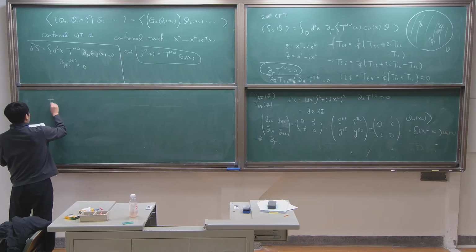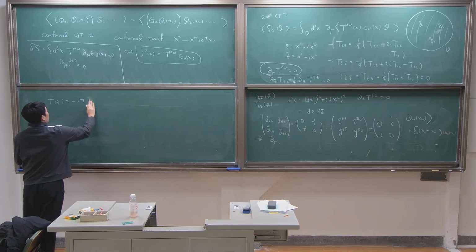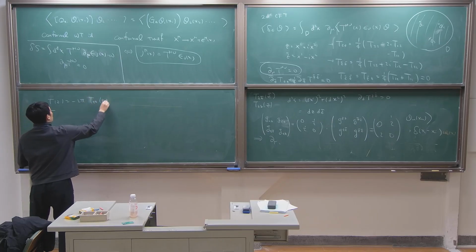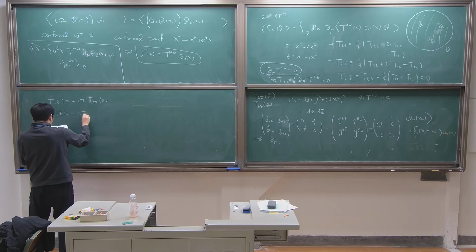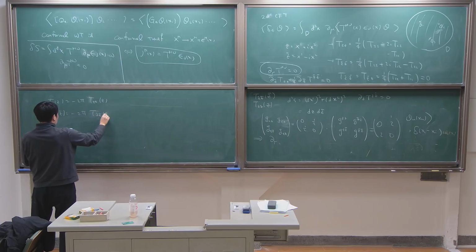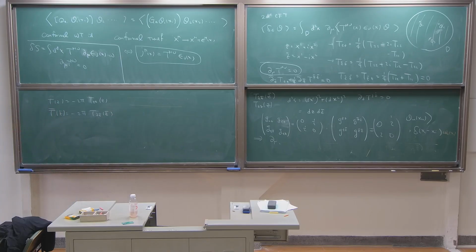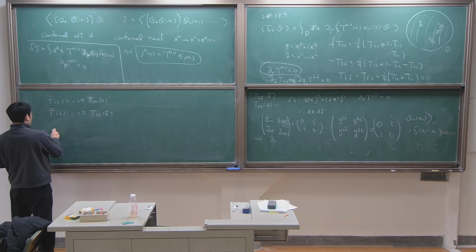So we define the reduction of T(z) as T_zz and T bar(z bar), like this way. And then the conformal Ward-Takahashi identity goes like this way.